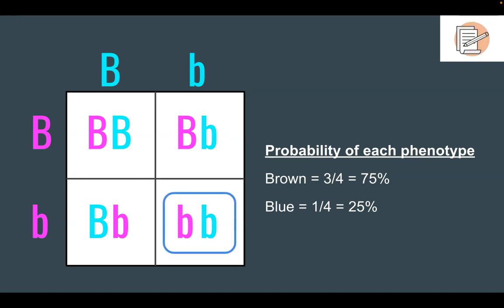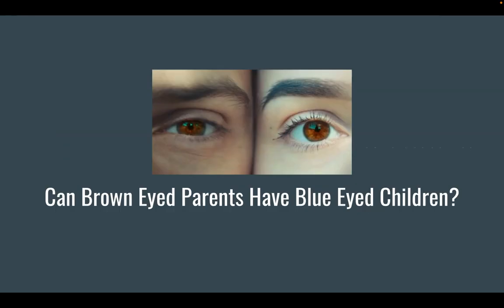But there is a 1 out of 4 or a 25% chance that they could have a blue-eyed child. So, can brown-eyed parents have blue-eyed children? The answer is yes, but it really depends on the genotype of the parents and the probability that those 2 parents pass on 2 recessive alleles.